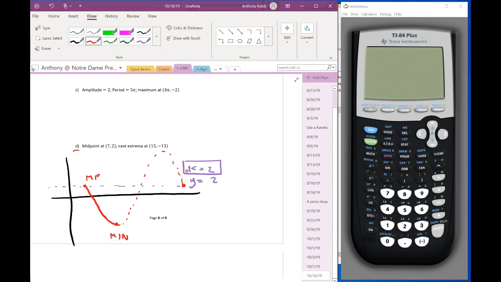Okay. So how much of a period are we at when we're just between the midpoint and that minimum? Is that a quarter? That looks like a quarter to me. So I know a quarter period then is going to be the difference in the x's.